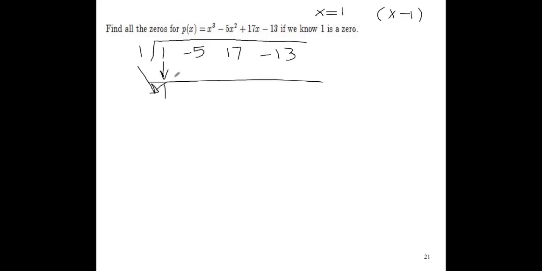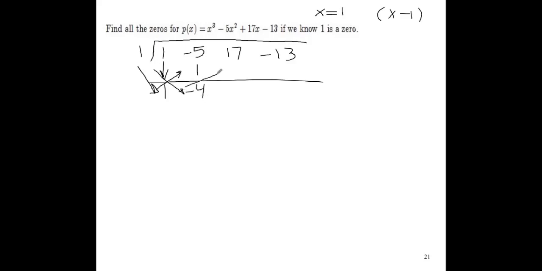I can use synthetic division, writing the coefficients of this polynomial: 1 for x cubed, negative 5 for x squared, 17 for x, and negative 13. Then this number here would be 1. Bring the 1 down, and go through the steps for synthetic division. Negative 5 plus 1 would be negative 4.